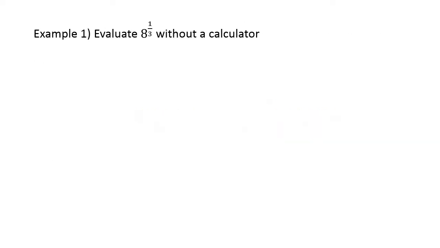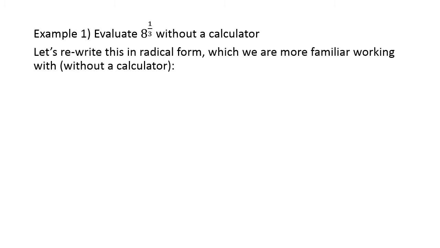So let's dive into examples. Example 1, evaluate 8 to the 1 divided by 3 without a calculator. So that 1/3 there is all part of the exponent. Let's rewrite this in radical form, which we are more familiar working with without a calculator. So 8 to the 1 divided by 3. The bottom of our fraction here goes to be the index.